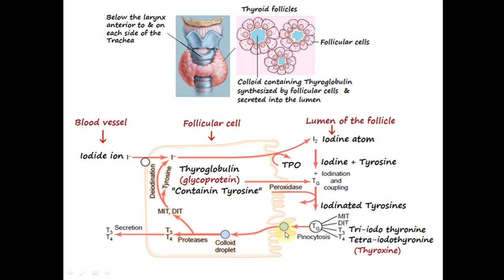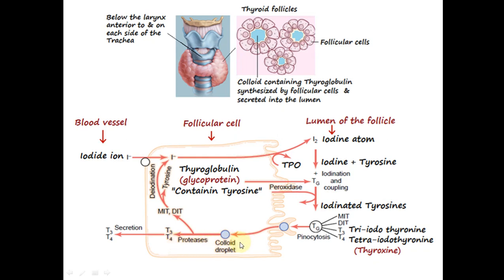As these small pieces of thyroglobulin enter into the follicular cells from the follicular lumen, the lysosomes contained in the cytoplasm of the follicular cells unite with this colloid droplet, and the lysosomal enzymes and proteases then break down this colloid droplet of thyroglobulin and cause the release of thyroid hormones.